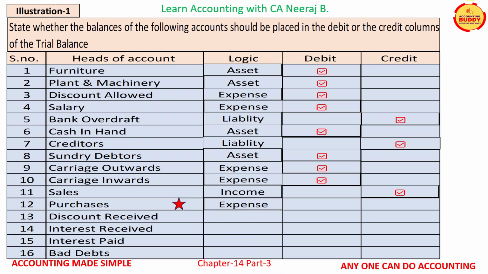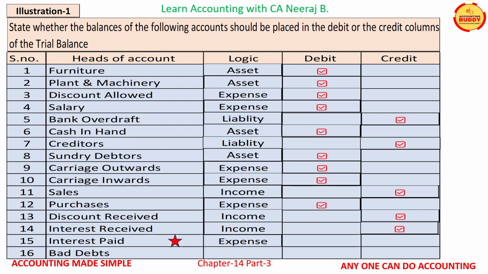Purchase account is an expense account, so it is placed in the debit column, as the business expenses always carry debit balance. Discount received and interest received both are income accounts, so both these accounts are placed in the credit column, as the business incomes always carry credit balance.